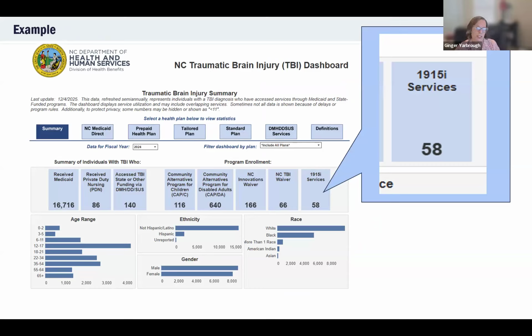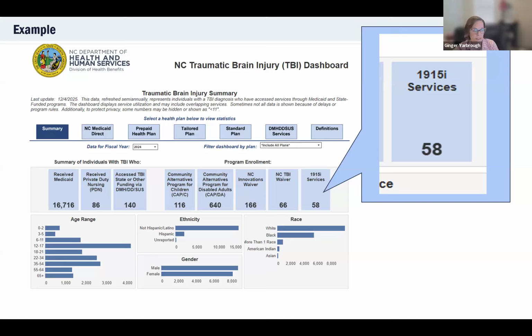Now, granted, those services had just launched, but during that same time period, for the IDD population, there were over 10,000 people accessing 1915I. So this seems really lopsided because the prevalence isn't that different. They're both around 2% of the population. So you would expect to see very similar uptake of services.